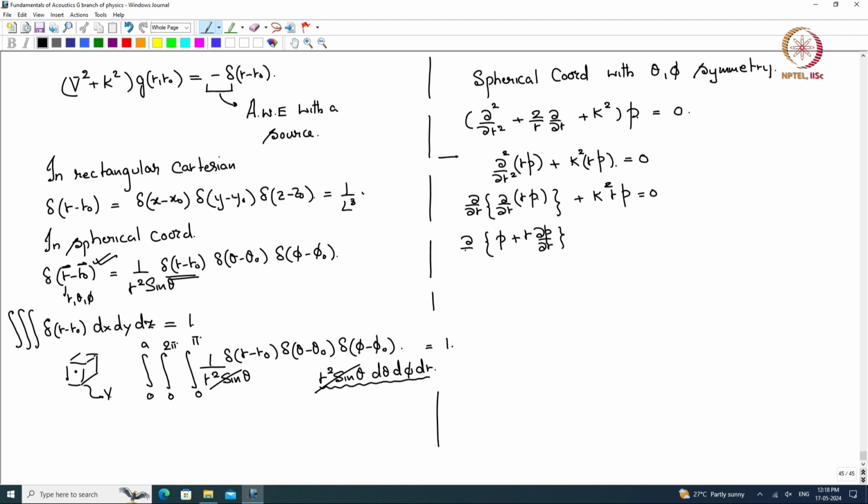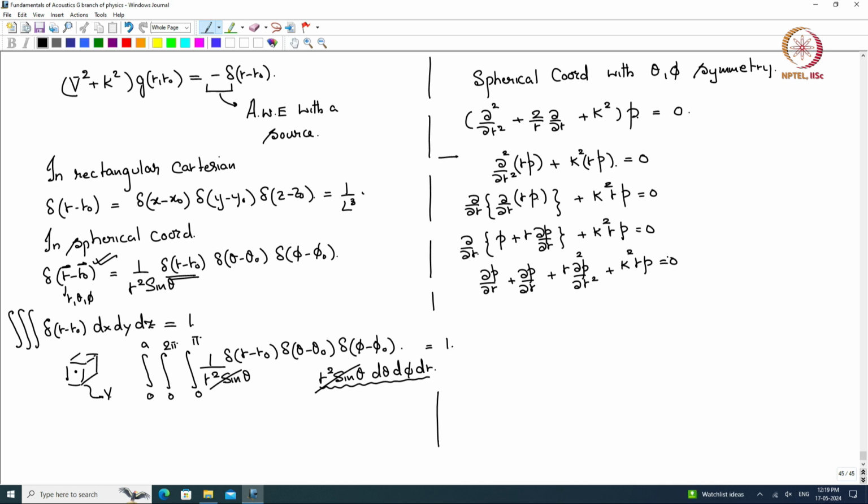I have one more ∂/∂r, plus k² rp. So I get ∂p/∂r plus ∂p/∂r plus r ∂²p/∂r² plus k² r p equal to 0.